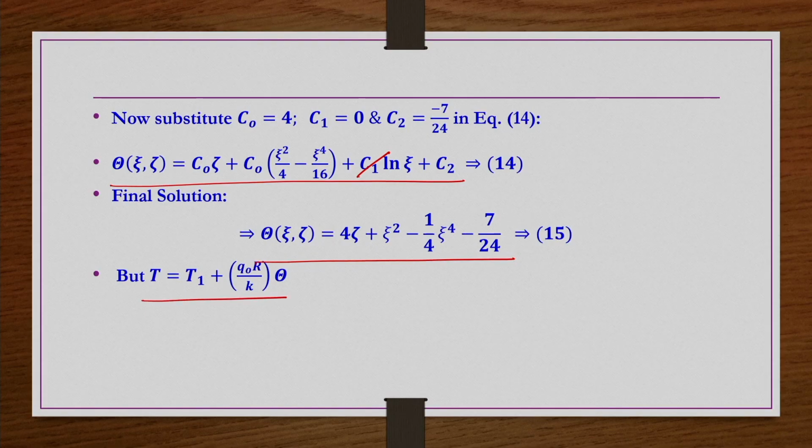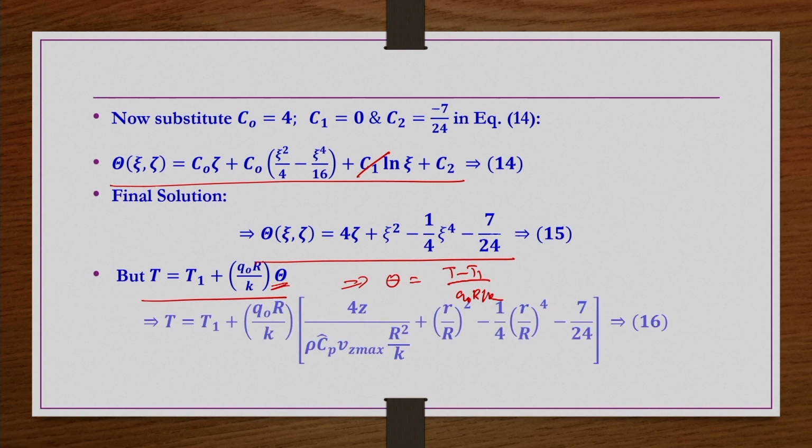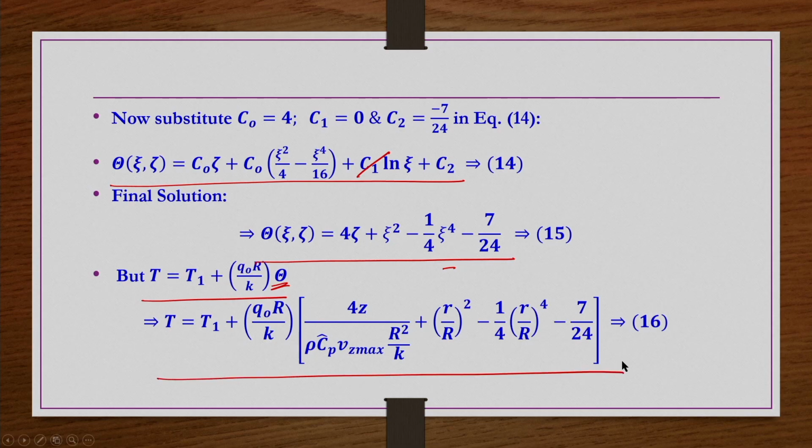Dimensional form: T is equal to T1 plus Q naught R by K multiplied by theta. This is coming from your theta scaling parameter definition, that is T minus T1 by Q naught R by K. Now in this equation, in place of theta you substitute equation number 15. Then you have this final solution for the temperature distribution of a Newtonian fluid under fully developed flow conditions.